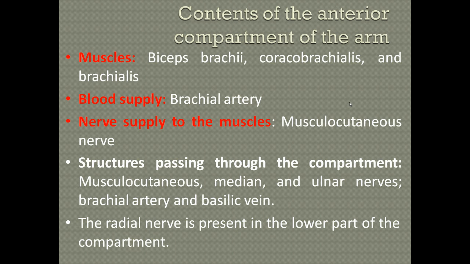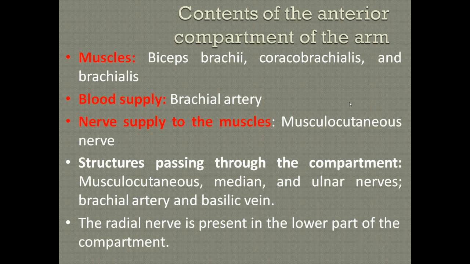Now we will see the contents of the anterior compartment of the arm. The muscles are the biceps brachii, coracobrachialis and brachialis, and the blood supply is the brachial artery, and the nerve supplying the muscles is the musculocutaneous nerve.